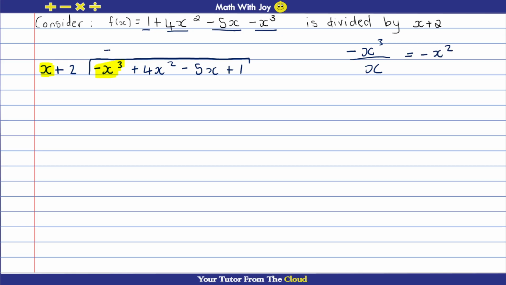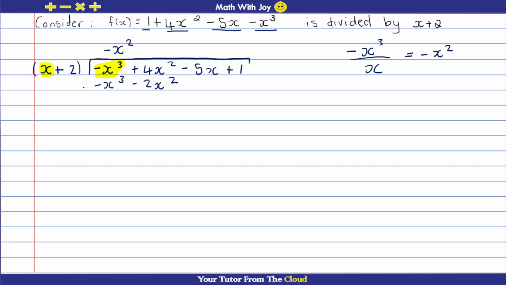So you put negative x squared at the top. That negative x squared now has to multiply this bracket. So we multiply it and write it down at the bottom. Negative x squared times x gives us negative x to the power of 3. Negative x squared times 2 gives us negative 2x to the power of 2.